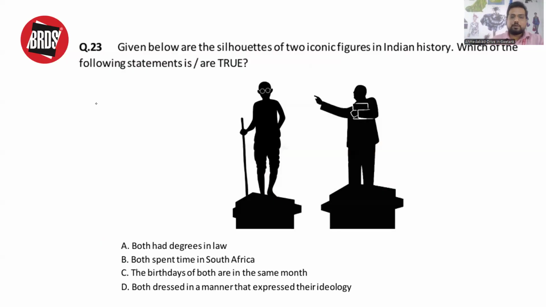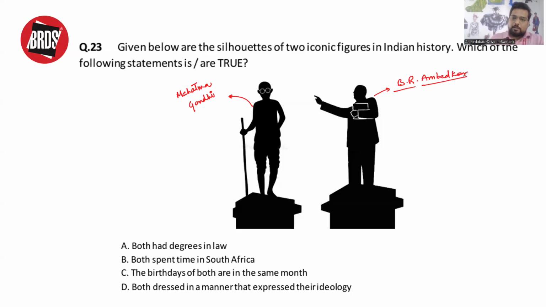Now, question number 23 is about, first of all, figuring out which two famous personalities of India these are. The very first one, we all know, is Mahatma Gandhi. And the second one is B.R. Ambedkar.